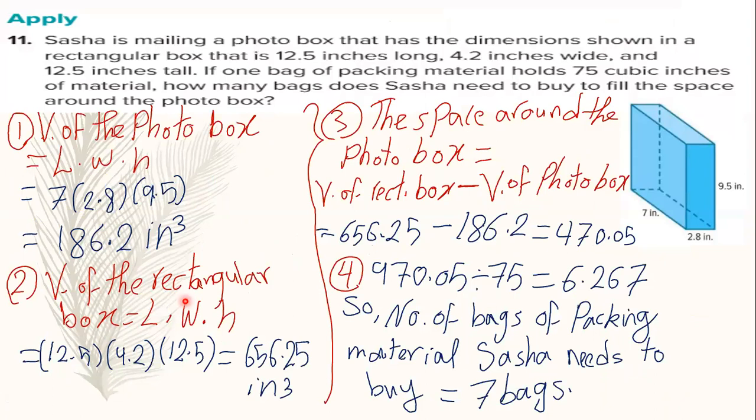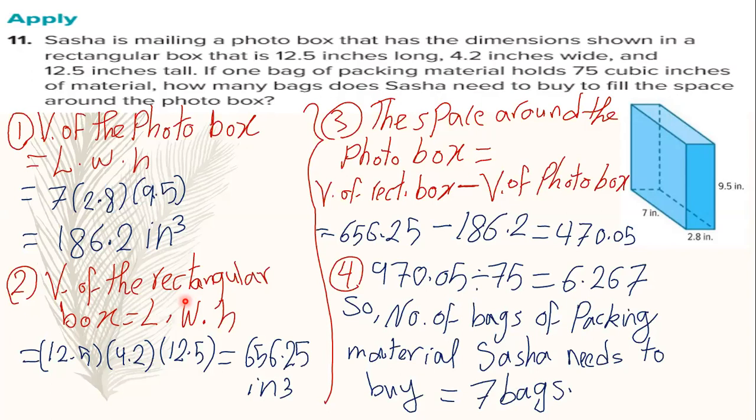Sasha is mailing a photo box that has the dimensions shown in a rectangular box that is 12.5 inches long, 4.2 inches wide, and 12.5 inches tall. If one bag of packing material holds 75 cubic inches of material, how many bags does Sasha need to buy to fill the space around the photo?